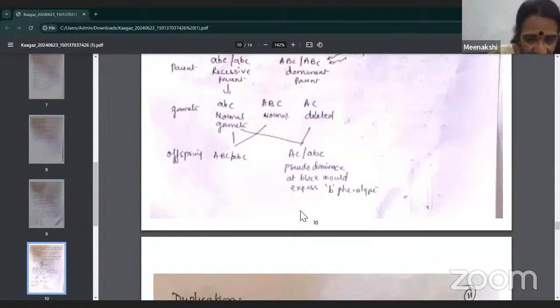For example, low birth weight will be there. The second one is mental retardation, microcephaly. That is, the brain will be a little smaller. And then growth retardation can be seen. So due to deletion, you will have similar syndromes.